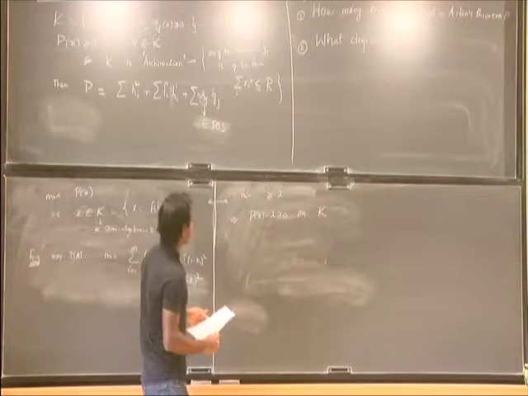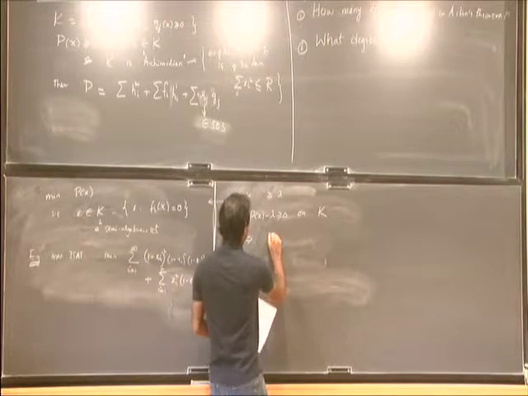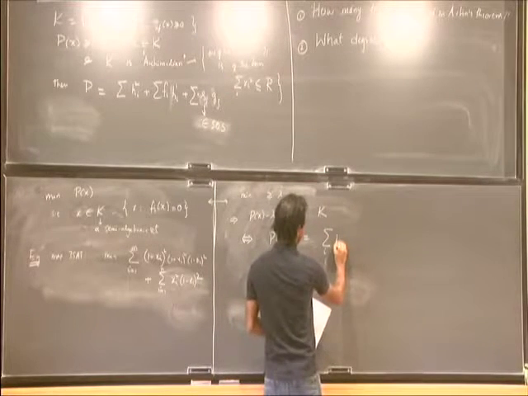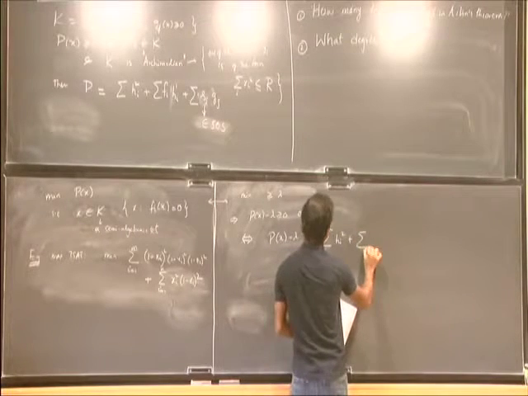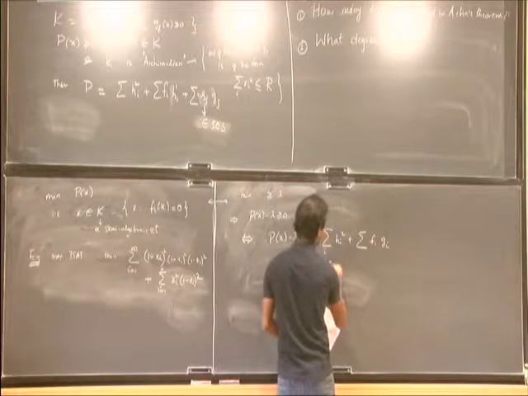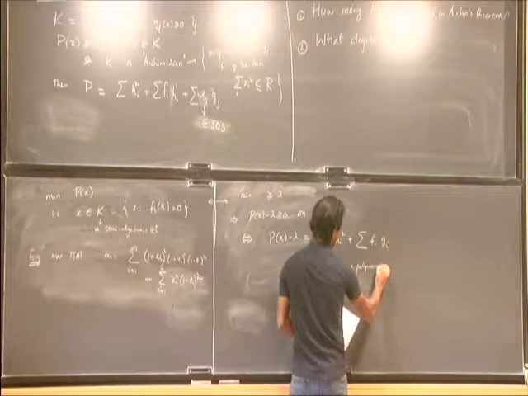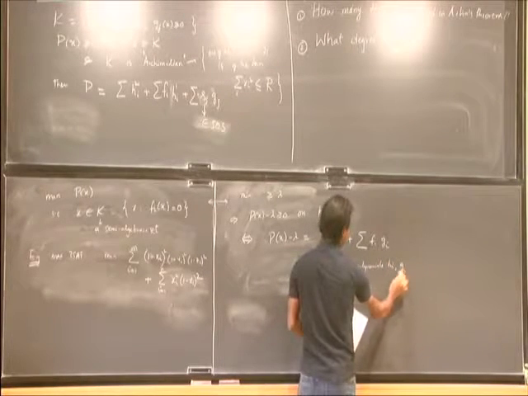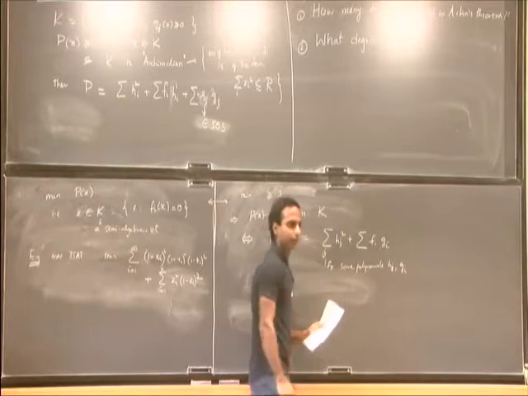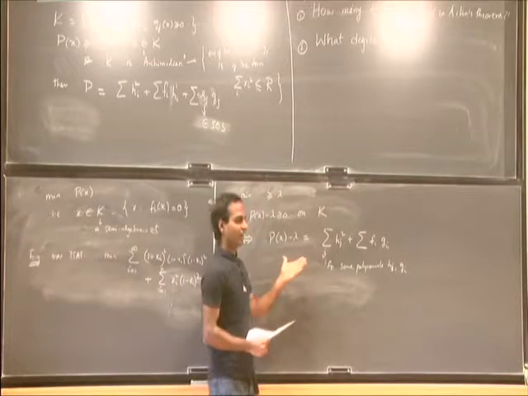By Putinar's Positivstellensatz, we know that this happens if and only if P of x minus lambda is a sum of squares plus a combination of the equalities. Okay. So this minimum is at least lambda if and only if such an identity holds.